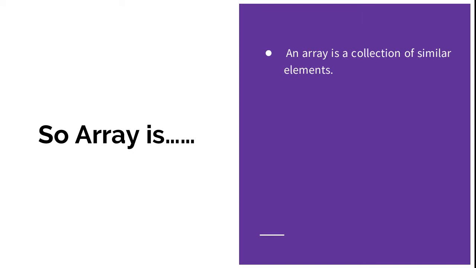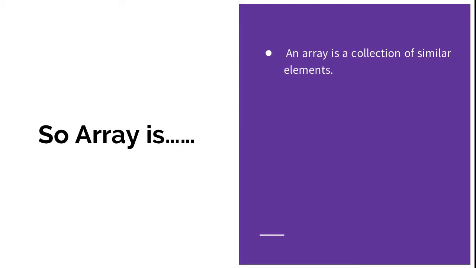Now there is one limitation, or rather I cannot say limitation, but it's the structure of an array: all the values that an array can hold should be of a similar type. For example, in the previous slide I showed you the example of 100 students' marks.